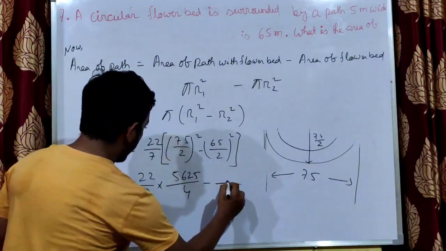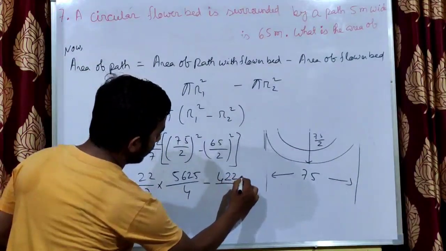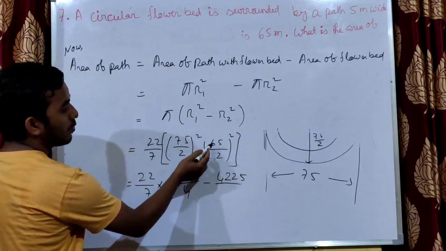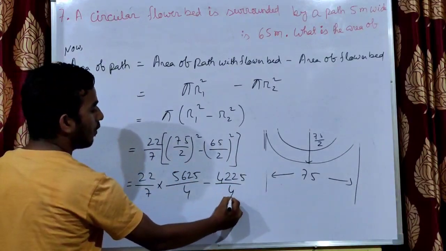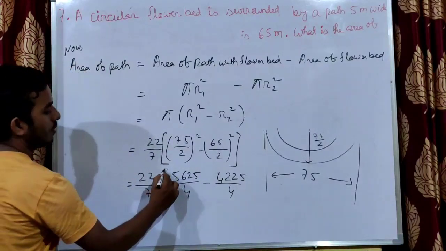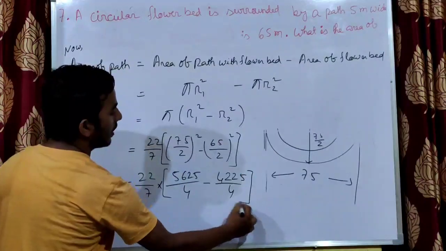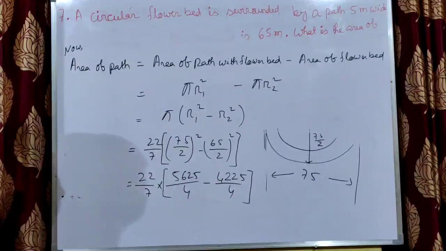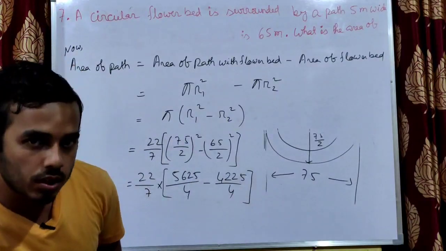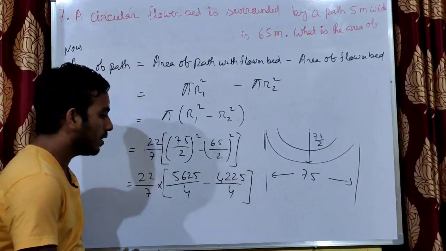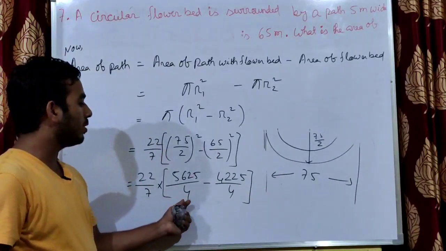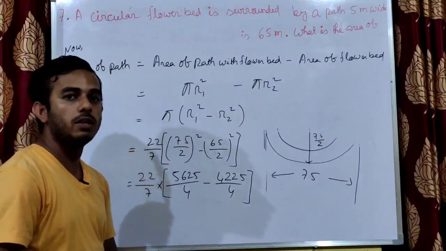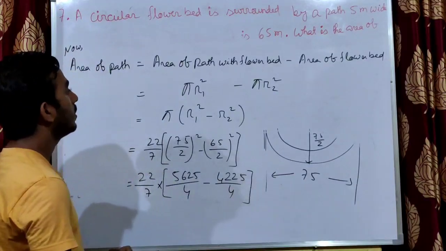It is 4225. 65 square 4225, then this divided by 2 square, which is 4, right? So we will give this third bracket here. Then after that we will take LCM, right? So here we have common denominator 4 in both, so our LCM will be how much? It will be 4. Clear?